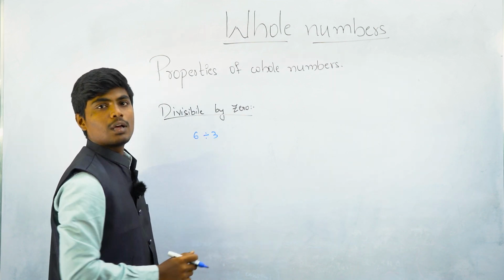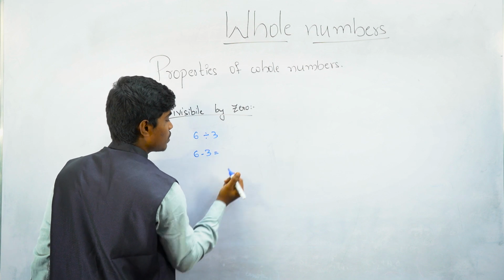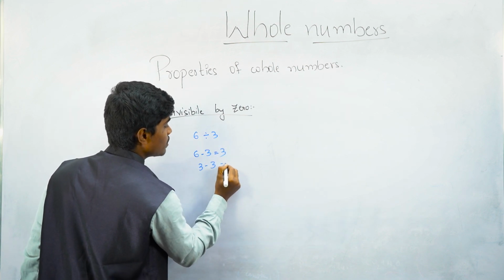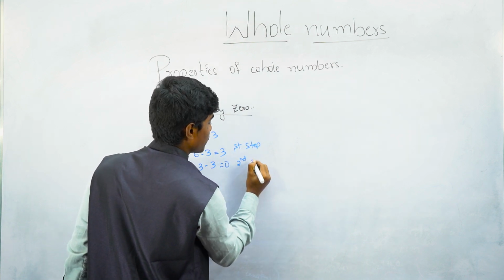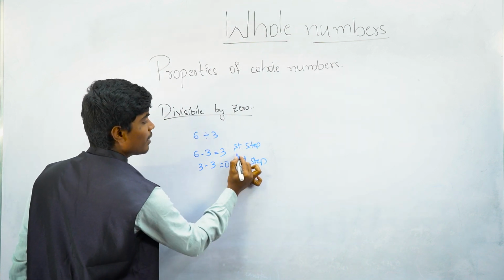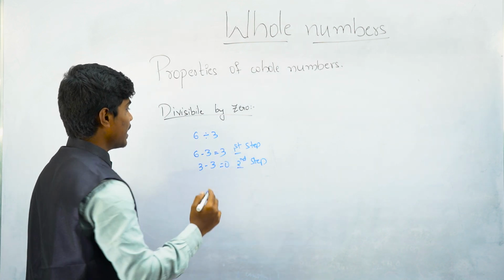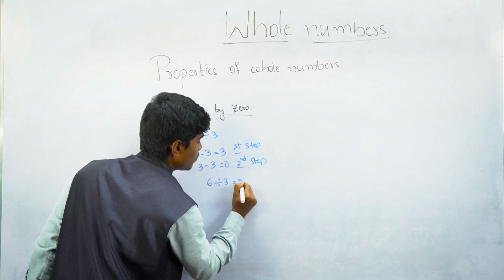Until we get 0. 6 minus 3 is equal to 3. Then 3 minus 3 is equal to 0. This is the first step and this is the second step. We have taken 2 steps, so the answer is 2. 6 divided by 3 is equal to 2.